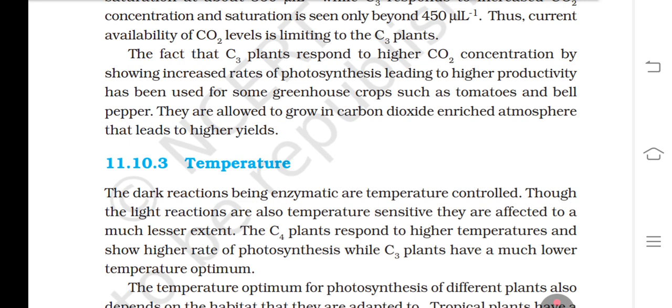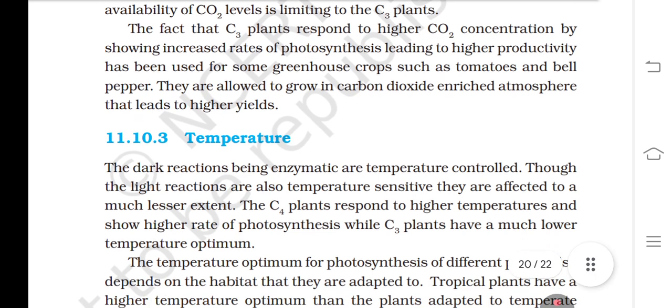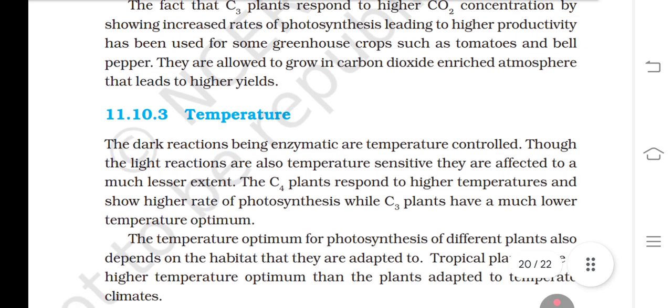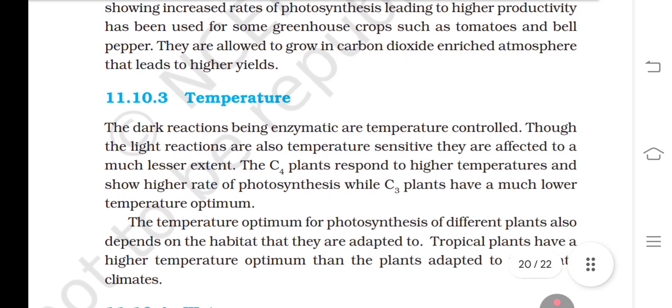The fact that the C3 plants respond to higher carbon dioxide concentration by showing an increased rate of photosynthesis, leading to higher productivity, has been used for some greenhouse crops such as tomato and bell pepper. They are allowed to grow in a carbon dioxide enriched atmosphere that leads to higher air temperature.